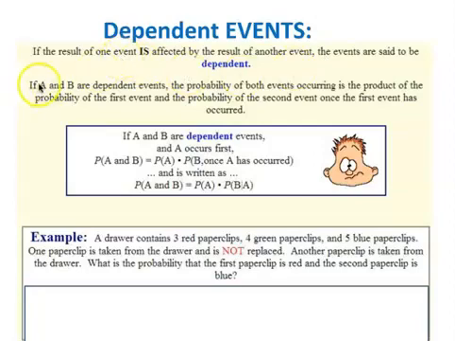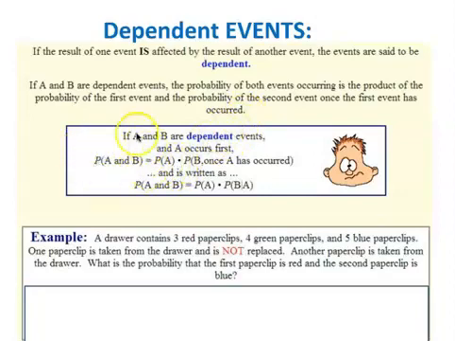So if we're talking about events A and B again, and they are dependent events, and we want to find the probability of both events occurring, then the probability of both events occurring is going to be the product of the probability of the first event and the probability of the second event occurring once the first event has occurred. So now we've got some special notation.